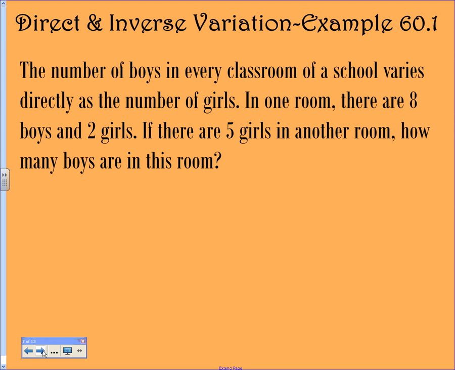The very first sentence of the problem tells you what equation to make. You agree? Okay. So now that we have our equation, we're going to go on to the next sentence. In one room, there are 8 boys and 2 girls.